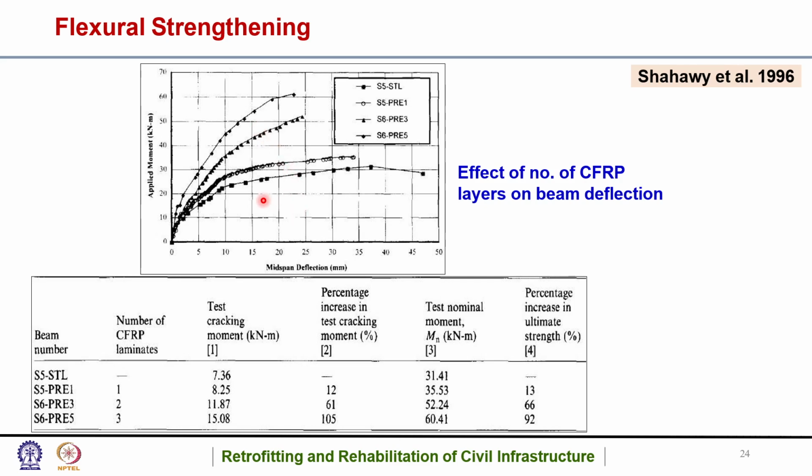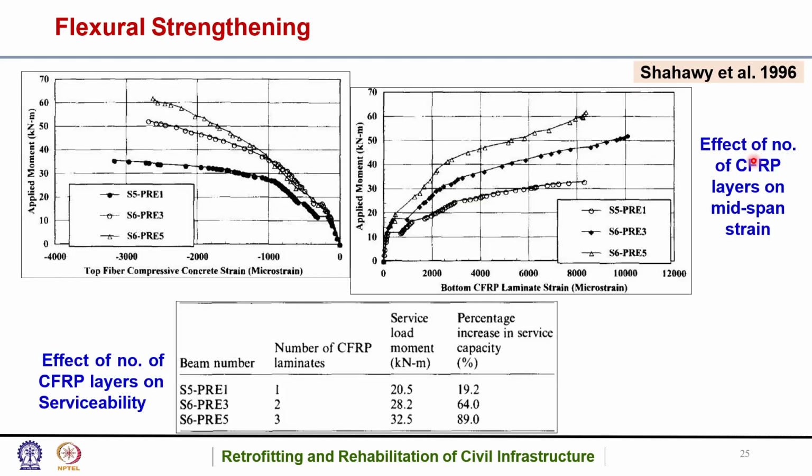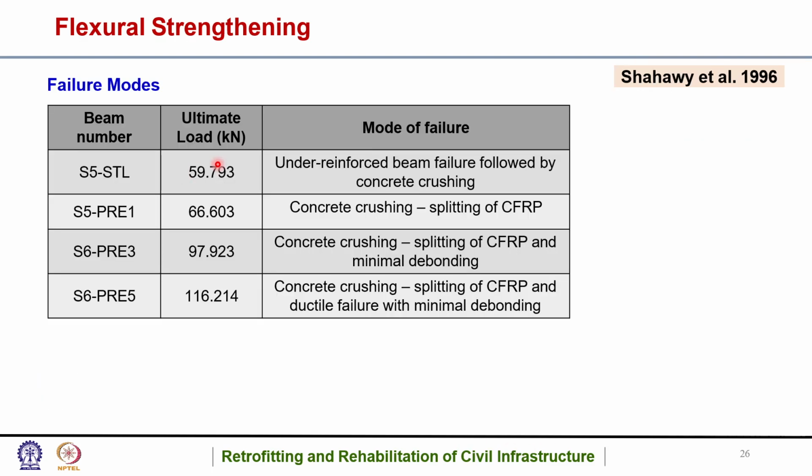The higher the number of CFRP layers, the more the applied moment carrying capacity, and the lesser the midspan deflection. Then the effect of number of CFRP layers on serviceability is shown, and also the effect on midspan strain. The values reduce with more moment carrying capacity.